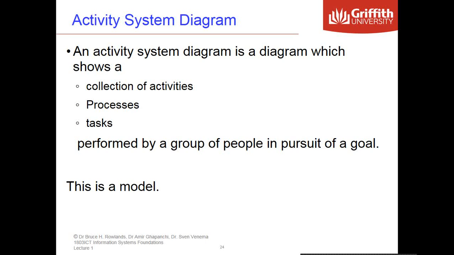Really simple kind of model that you're probably familiar with is when you take a train, right? You see the train diagram? It's a model of the train stations. Is it in any way accurate? It's accurate where the stops are in relation to each other. What about distance? No. What about location?